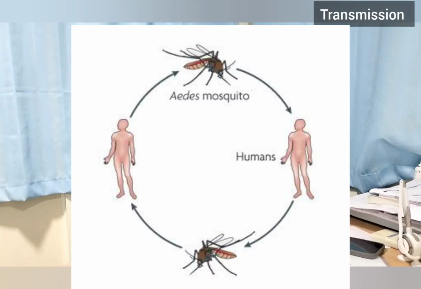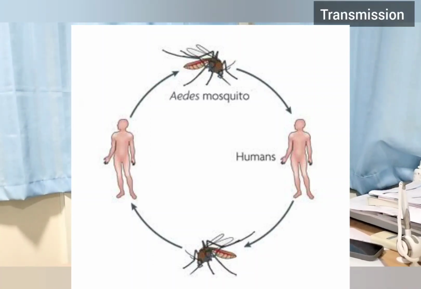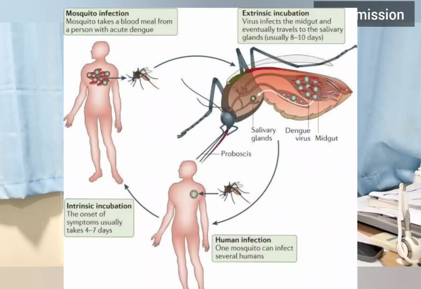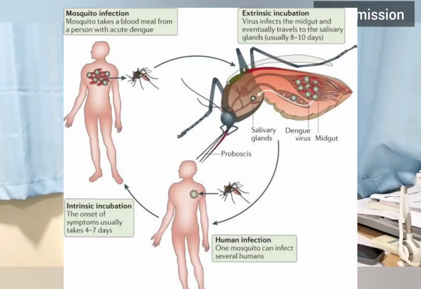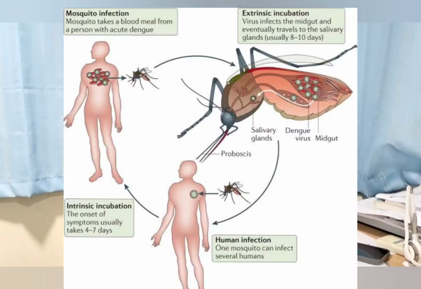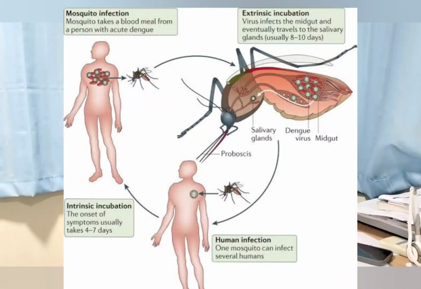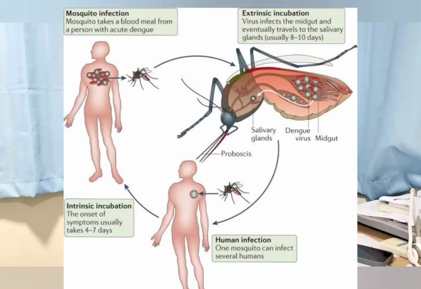If you see the transmission, the mosquito bites a person who's already infected with the dengue virus, and especially if the person is in a viremic phase, it sucks the blood meal along with the viruses. The virus goes into the gut and multiplies there. Over a span of nearly 8 to 10 days, this virus multiplies into many viruses, which again get transmitted to the salivary gland of the Aedes aegypti mosquito.